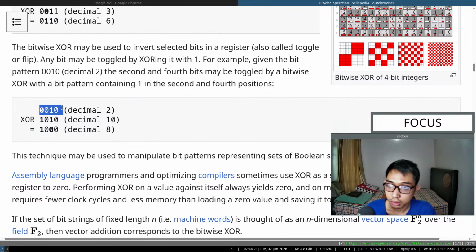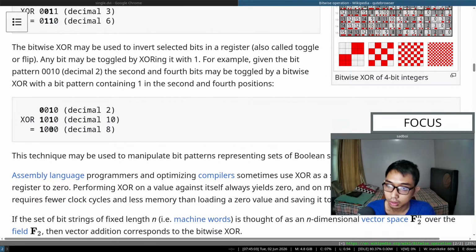Okay, we have this one. We want to toggle the second and the fourth bit. Again, we are reading this from the right. First, second, third, and then fourth. Okay.